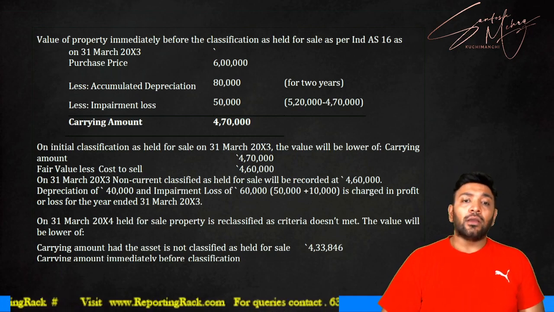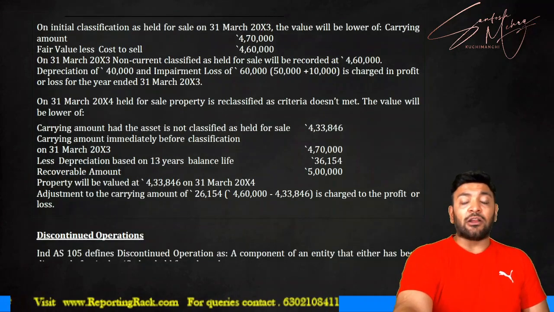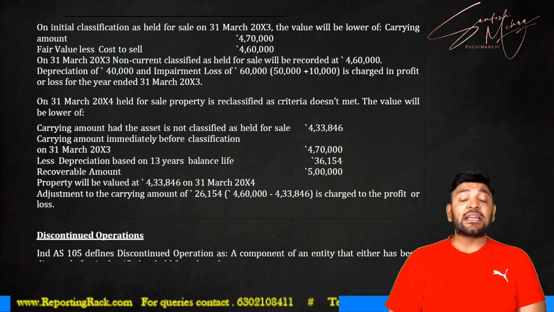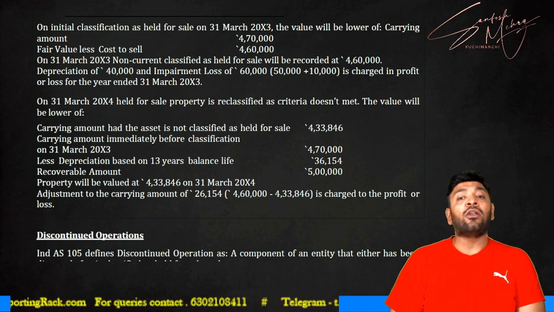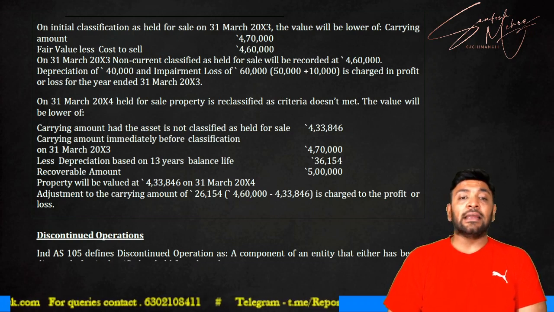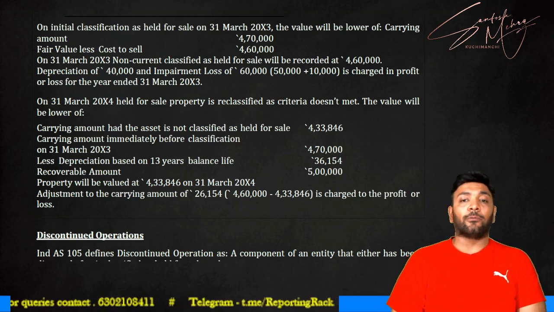Correct? Now, if I wouldn't have classified this asset as held for sale, the 4 lakh 70 would have been depreciated over the remaining useful life of 13 years, which would result in a depreciation of 36,154.